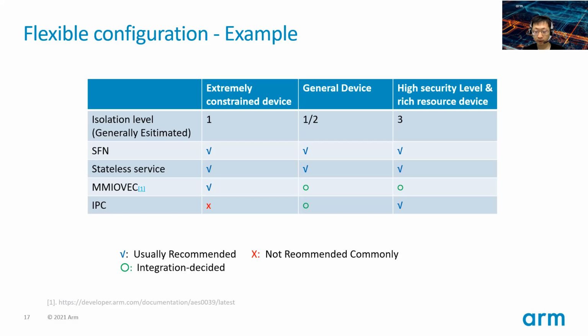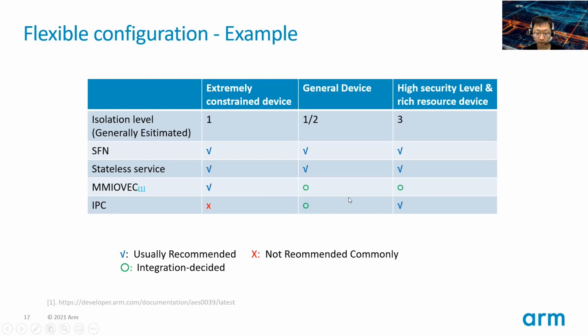The project on such devices should keep small and only have basic functionalities. Developers may use level 1 isolation, SFN model, stateless services, and MMLVec feature to save system resources to a maximum extent.